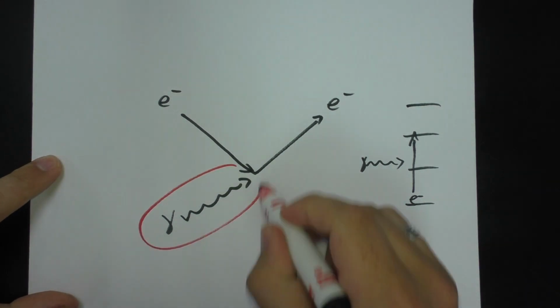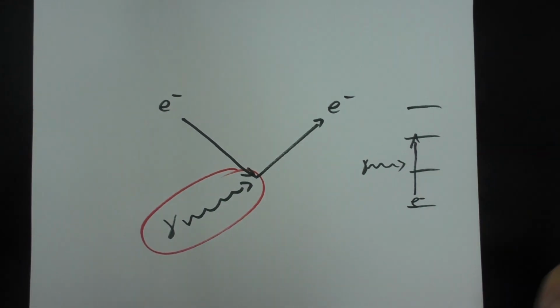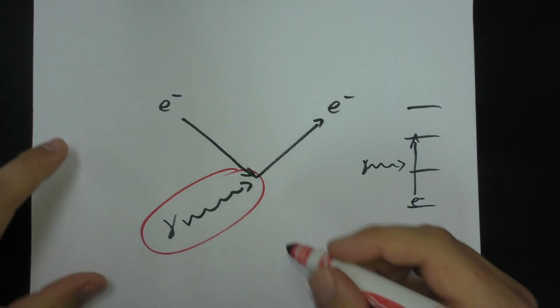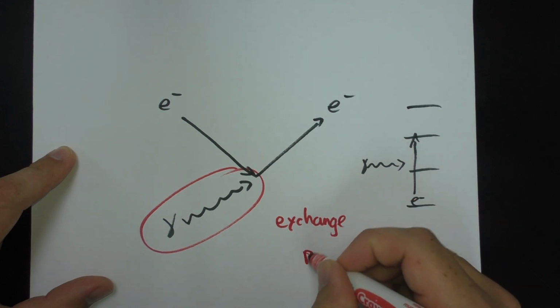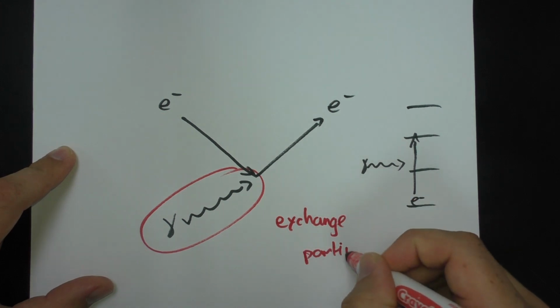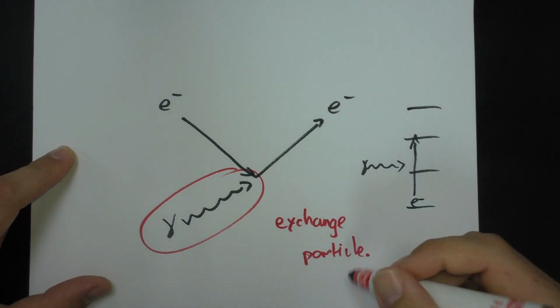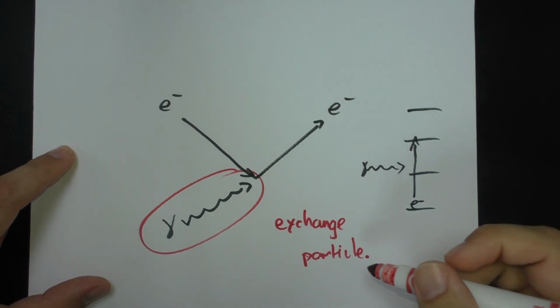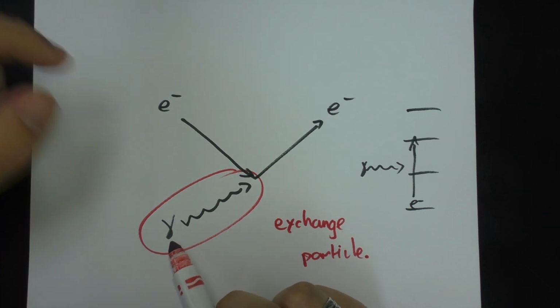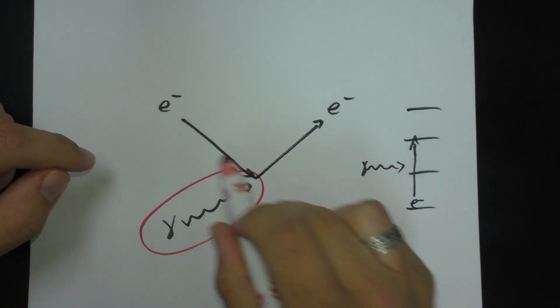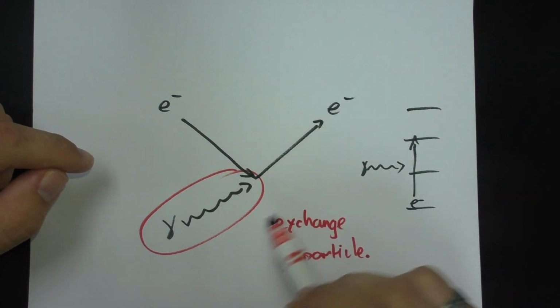Now, what I want to point out is this particle right here, photons. And we've talked about photons quite a lot in this course, but a photon is a type of exchange particle. And that exchange particle, there are a number of other exchange particles, but this particle is what mediates the force in this case here.